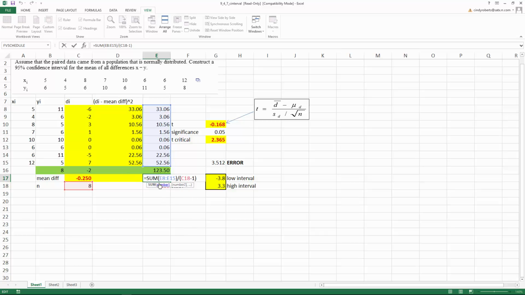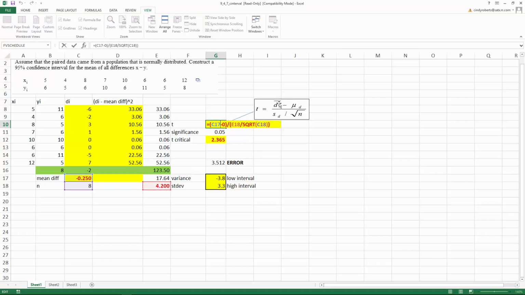Once again, I could have just said equals this value divided by the degrees of freedom, so the number in the sample minus 1, and you see I get the same answer. That was my reason for summing that. And then you take the square root of the variance, which gives me my standard deviation.